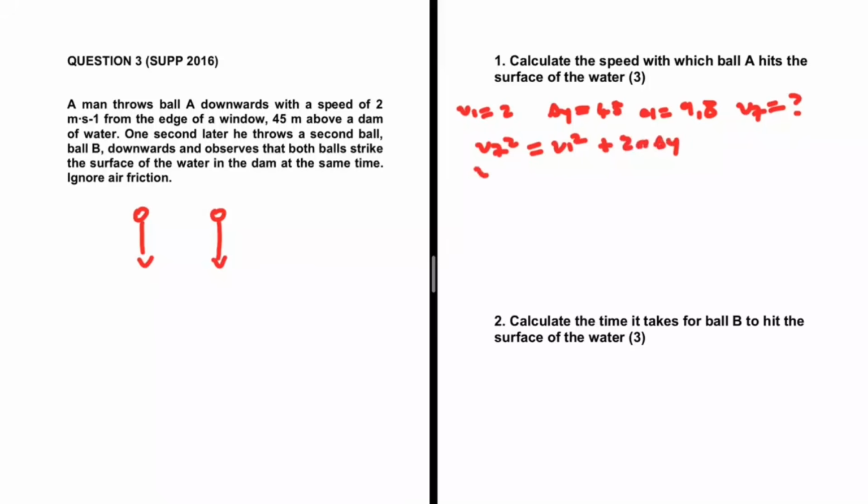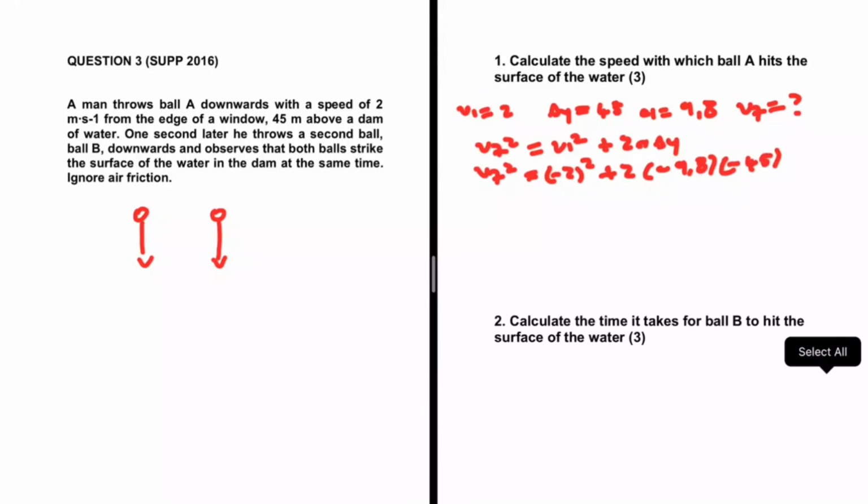We're interested in VF. VI, 2 meters per second downwards. If we take up as positive, VI should be minus 2 squared plus 2 multiplied by the acceleration. The acceleration is always downwards, so that is minus 9.8. When a body is in free fall, the acceleration is always 9.8 meters per second squared downwards. And then delta Y is minus 45, right?